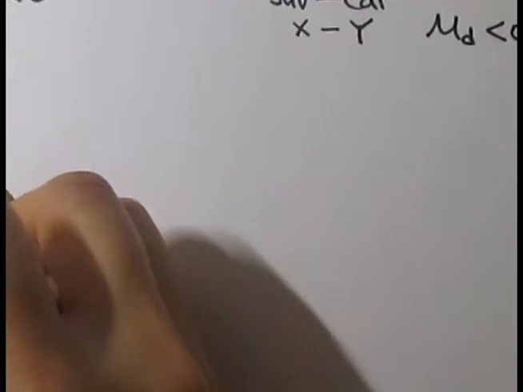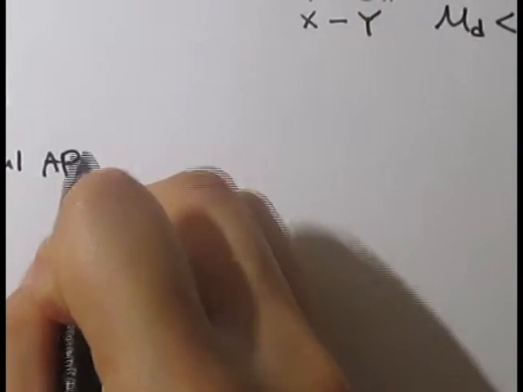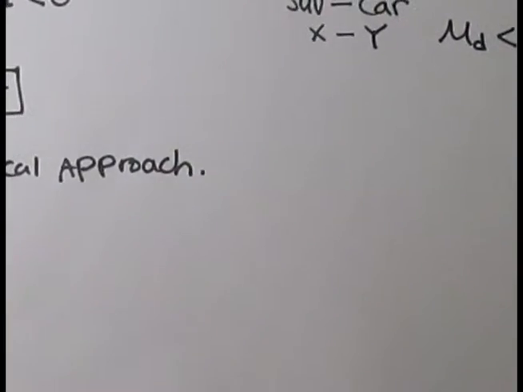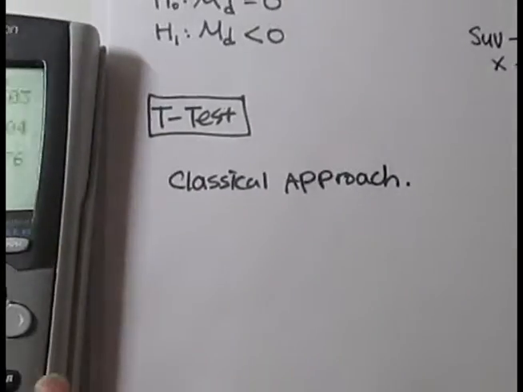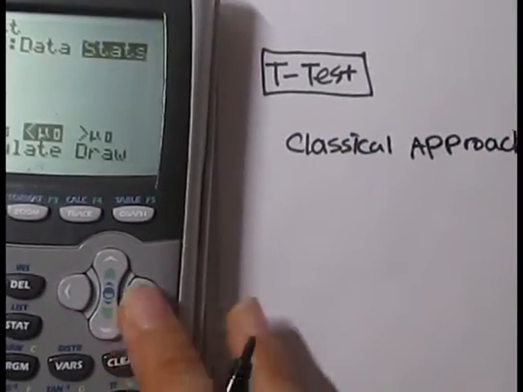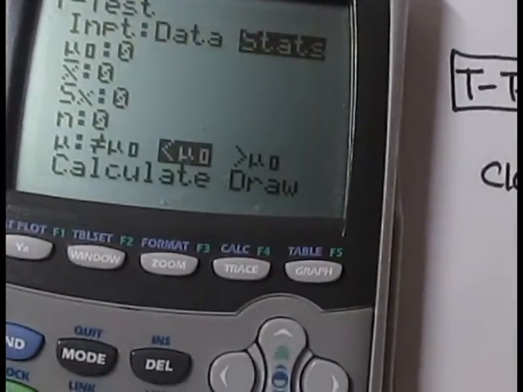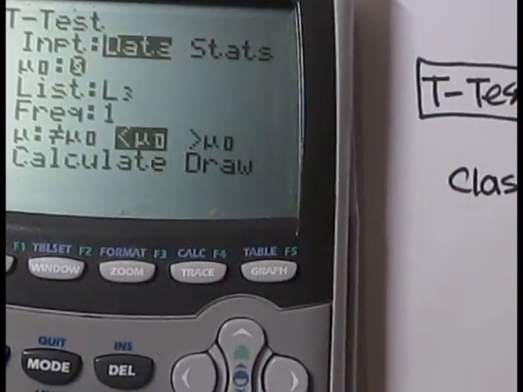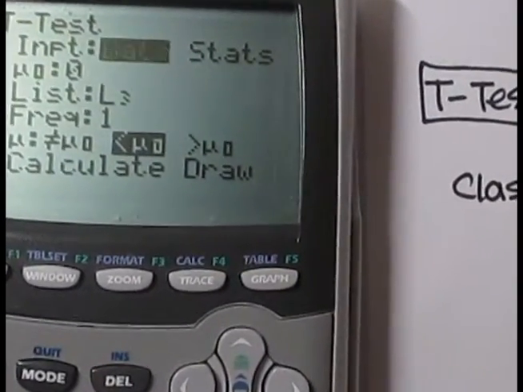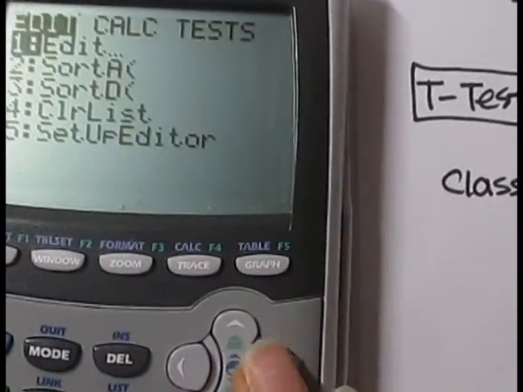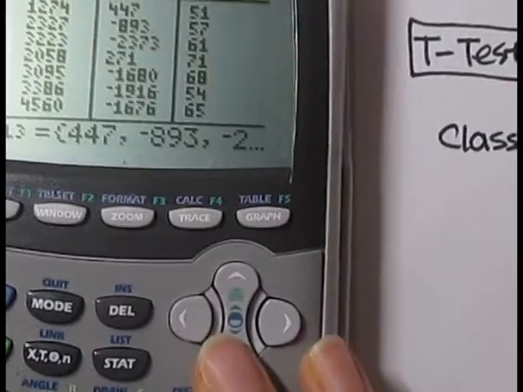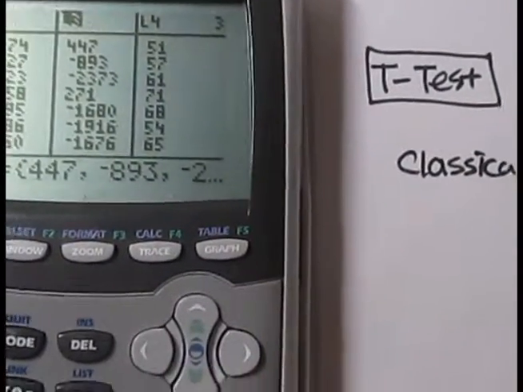In the classical approach, go to t-test, and I already put the data in L1 and L2, and for L3 I put L1 minus L2.